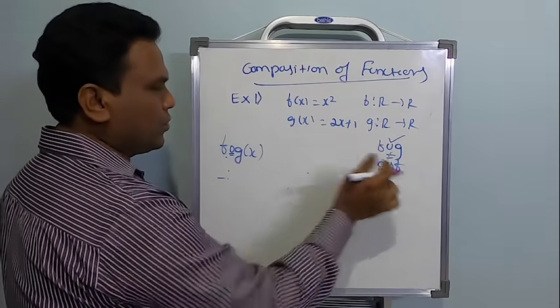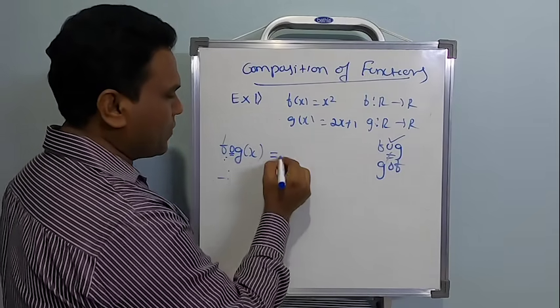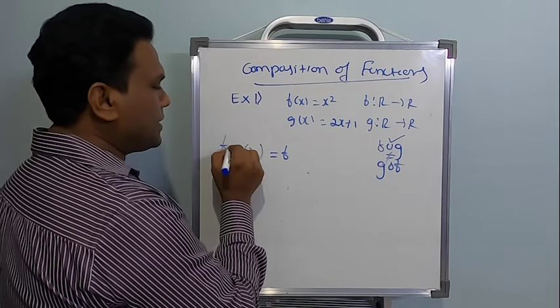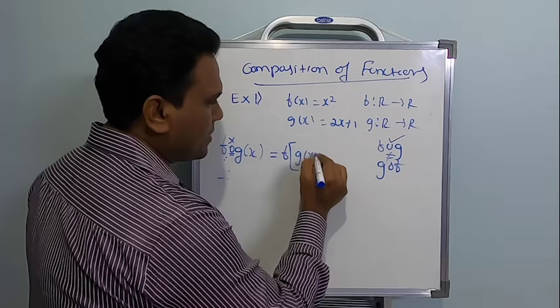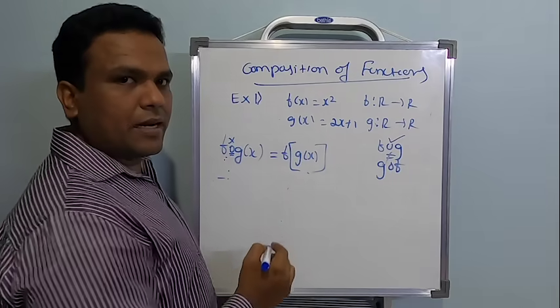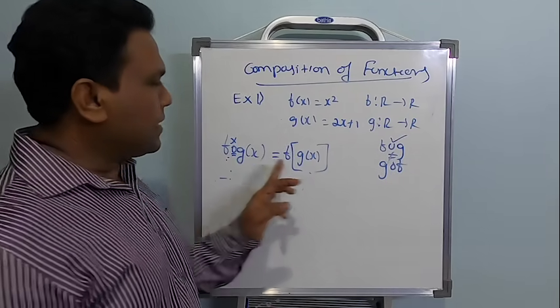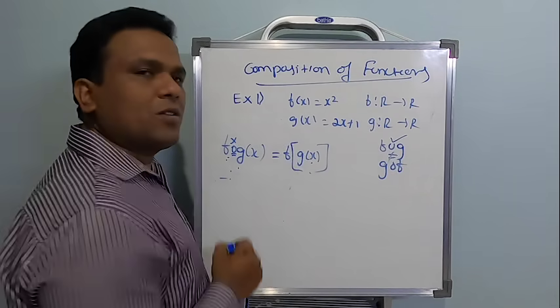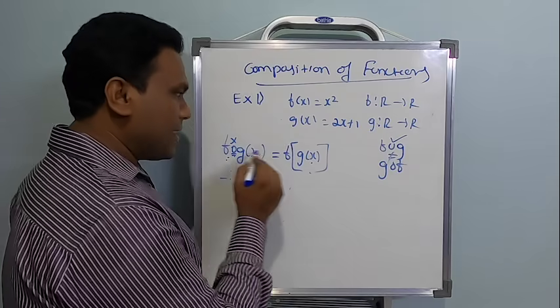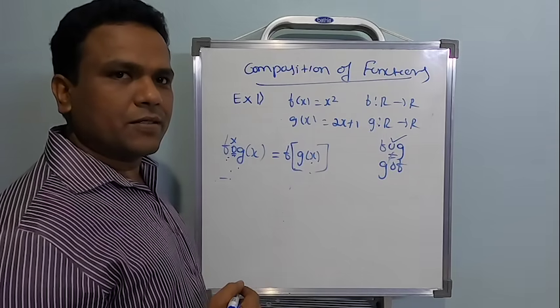So let's consider f of g of x. Instead of this O, you can put a bracket and just write this as f of g of x. Both we will read in the same fashion. Here O is there, here bracket is there. That's all the difference.